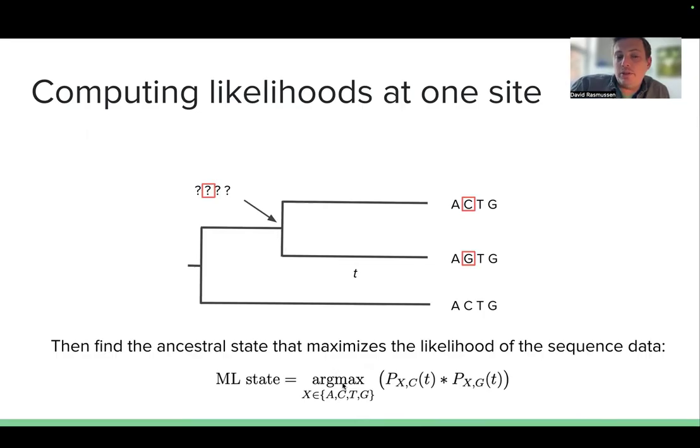And then we can see which ancestral sequence maximizes the likelihood of the observed states or sequences at the tips, again, by using the transition probabilities. And here, this argmax just means that we're going to take the nucleotide X at this internal node that best explains the likelihood of the sequence data at the tips.